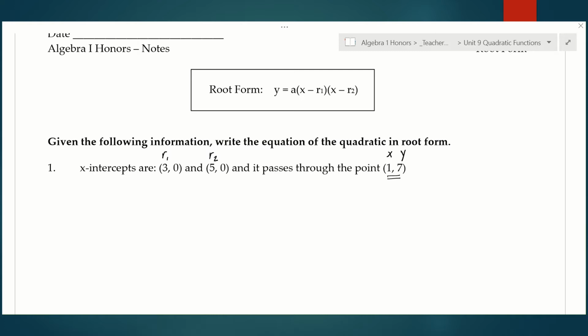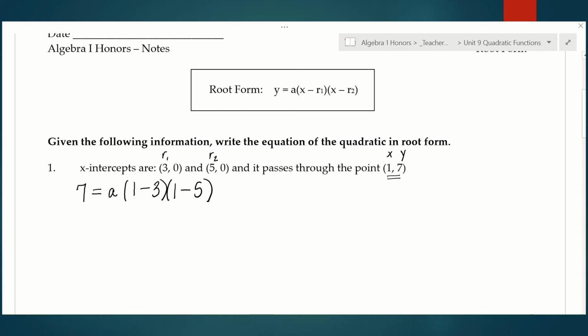Let's start plugging some things in. I know from my point that y is 7. a is what I don't know. I know from my point that x is 1, minus my first root, which we said was 3, times 1 again, minus my second root, which is 5.